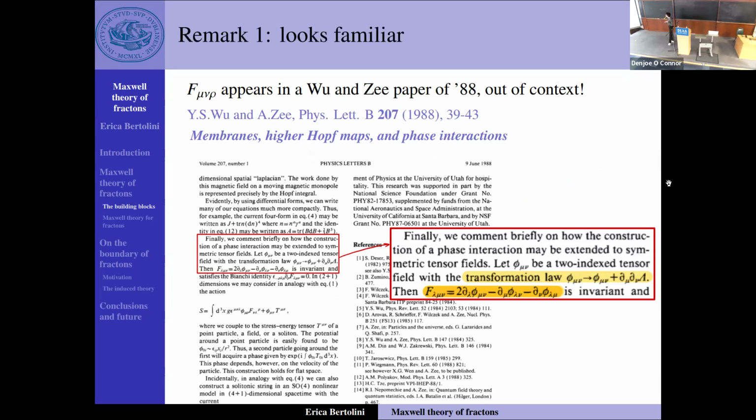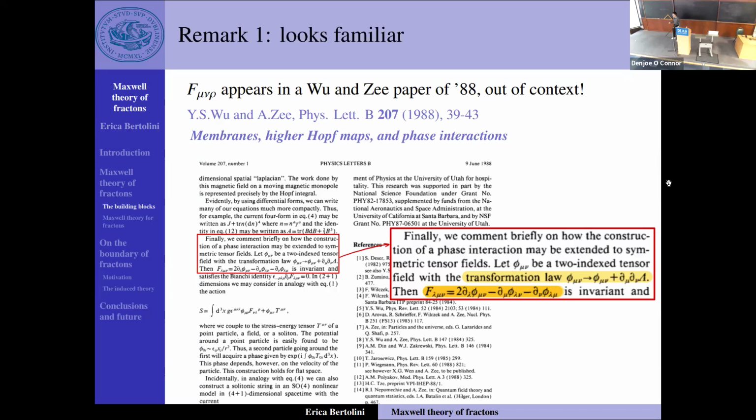At some point he was reading our paper, and he came up with this paper of Wu and Zee from 1988. So there were no fractons at the moment; the first fracton was in 2005. In this paper, the same field strength and the same covariant symmetry appeared at the end of the paper, in a numbered equation. We still don't know how he could remember something like that.